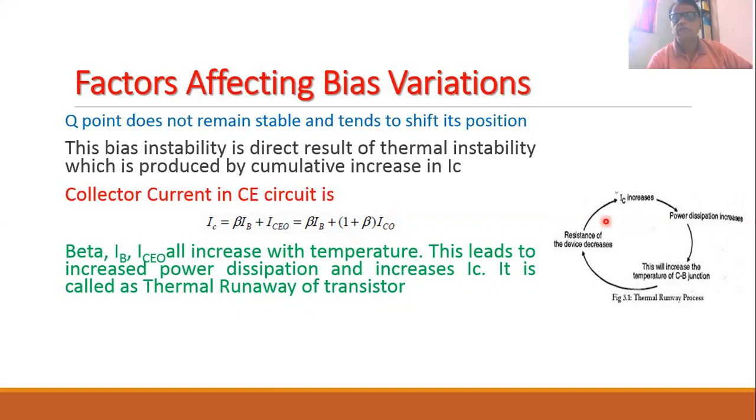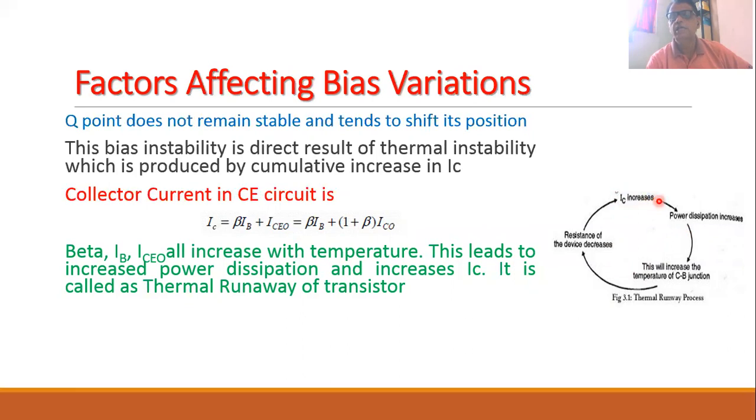Now, as shown in this diagram, you will find that when the power dissipation of the transistor increases, it will cause the increase in the temperature of the collector base junction. It will ultimately cause an effect on the resistance of the device, and the resistance will decrease. When the resistance decreases, it again increases the collector current IC.